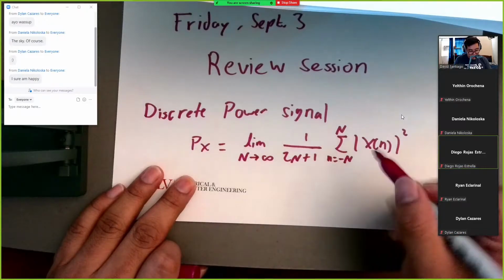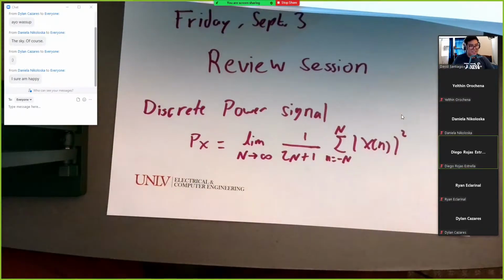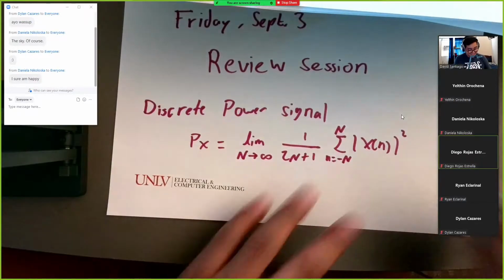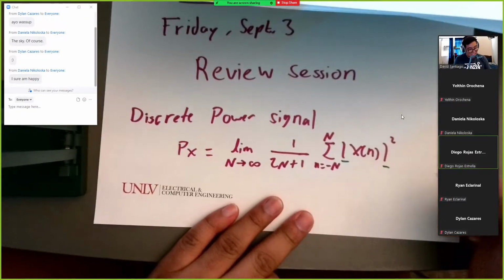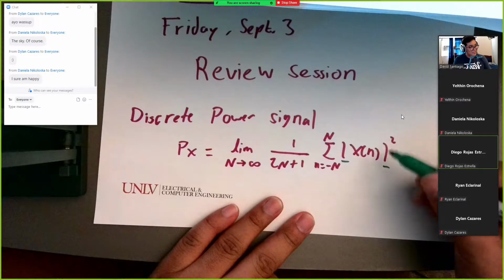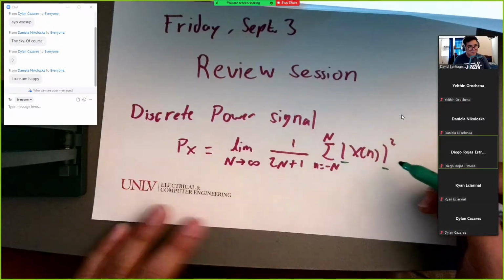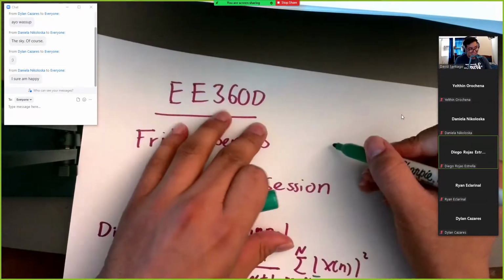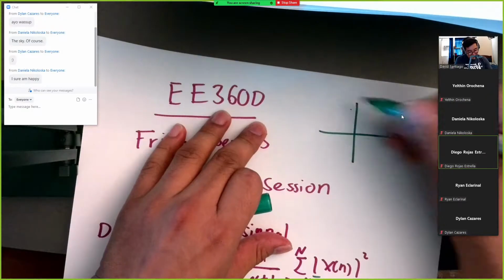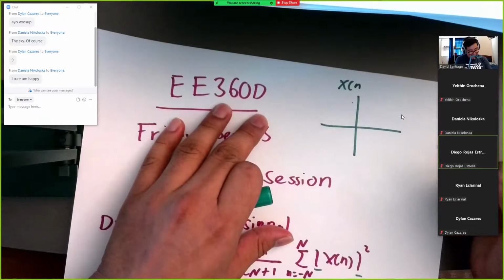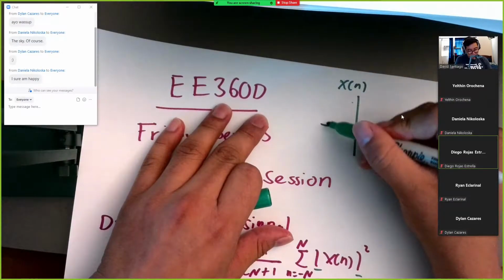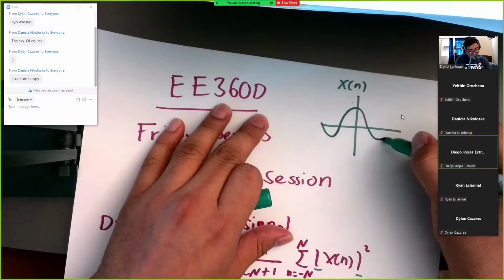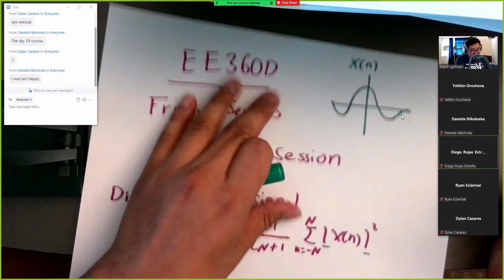Actually, one thing I gotta get to everyone is this. So you see how I put absolute values into our little x of n squared? So back when I did this exam, suppose you had a signal x of n, and it goes something like, it goes down like this and then goes up like that.